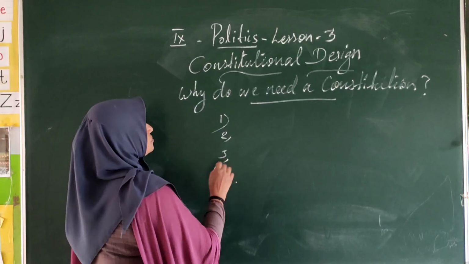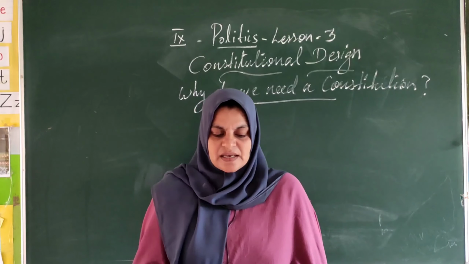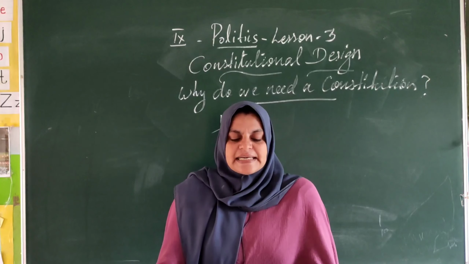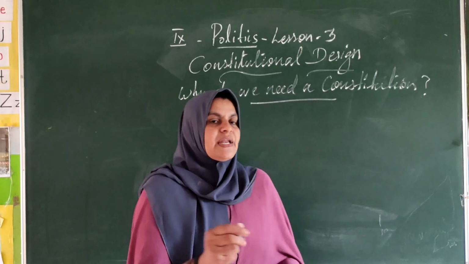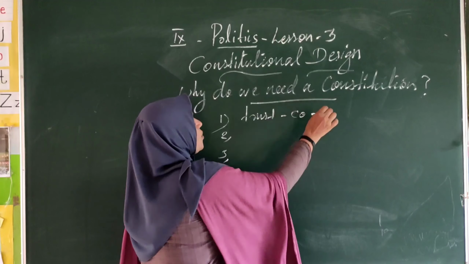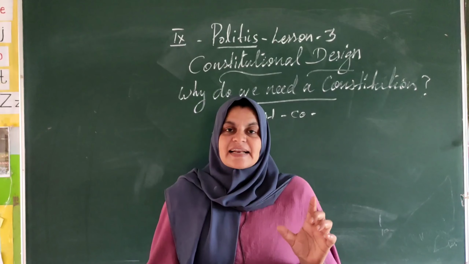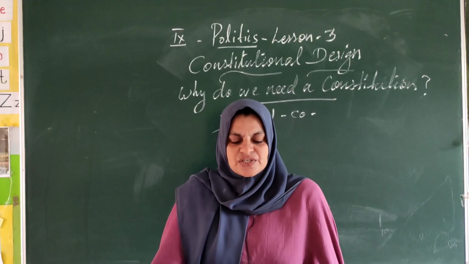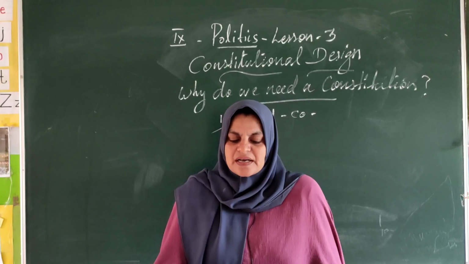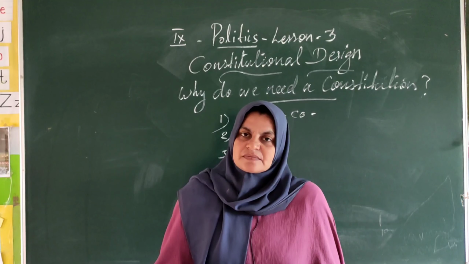A constitution does many things. Which are they? First one, it generates a degree of trust and coordination. It generates trust and coordination that is necessary for different kinds of people to live together.